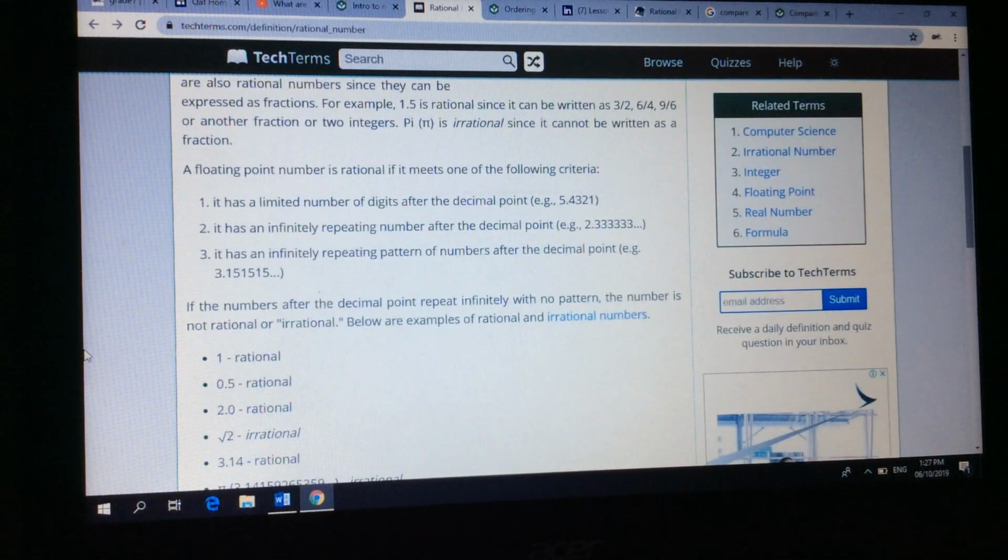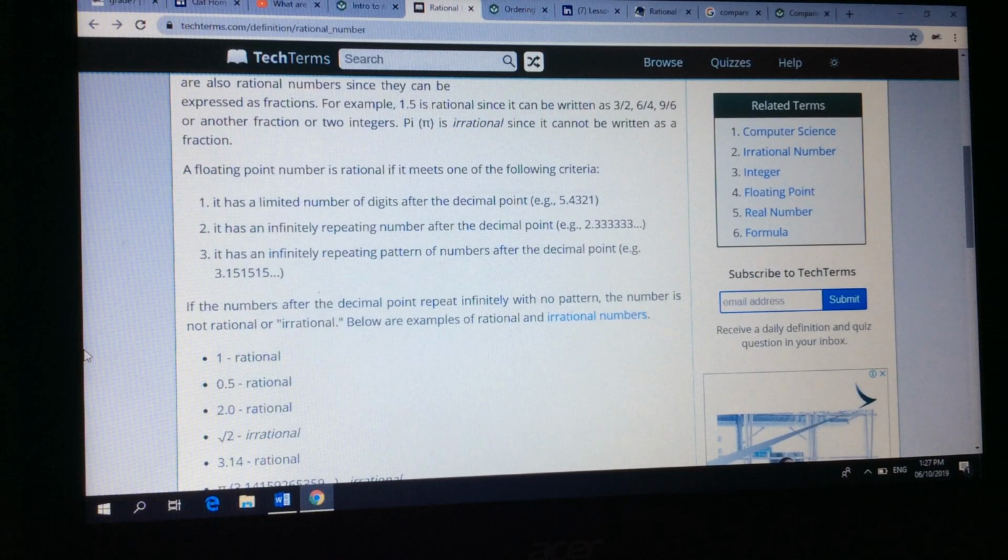A floating number is rational if it meets one of the following criteria. Number 1, it has a limited number of digits after the decimal point. Example, 5.4321. Number 2, it has an infinitely repeating number after the decimal point.